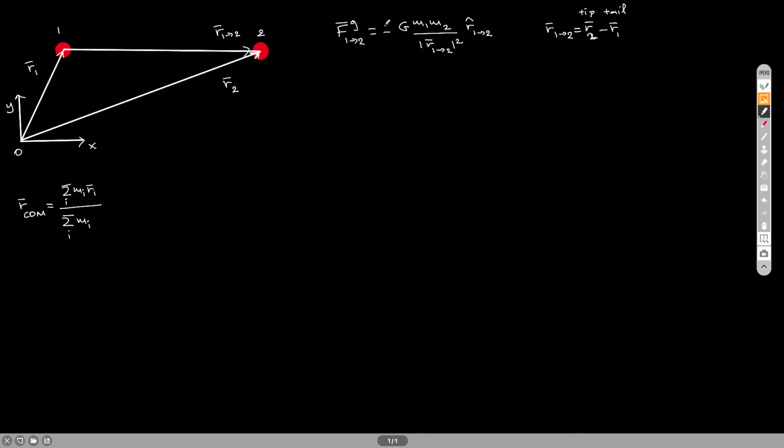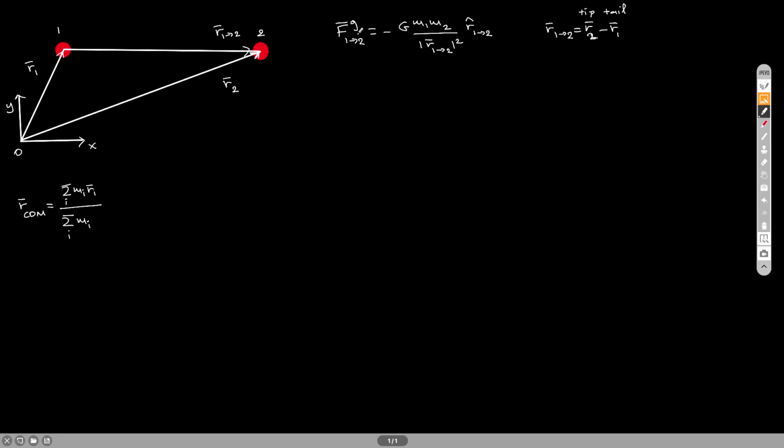So this was just one example of a conservative force. If it was electrostatic, then we would have something similar. I would still need to find this vector if this was an electrostatic force.